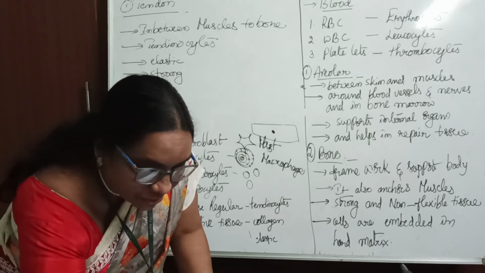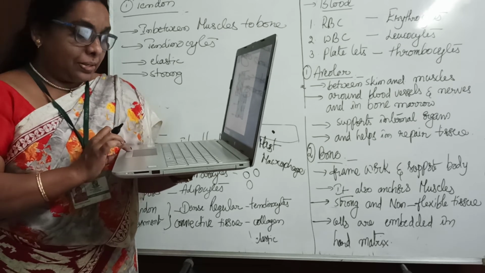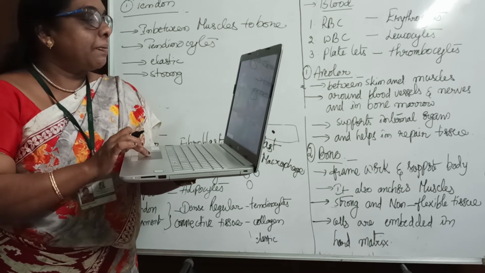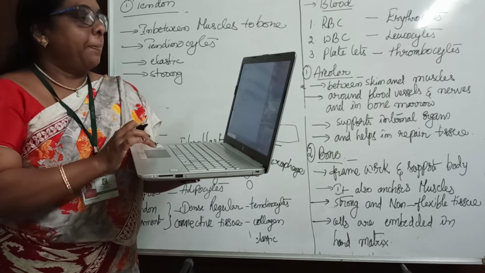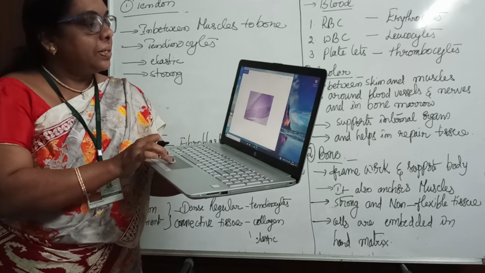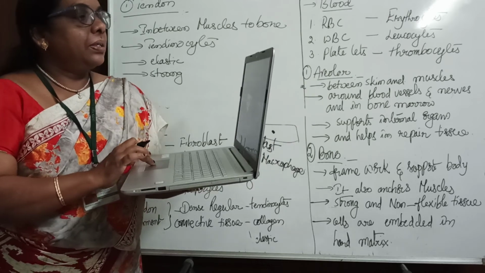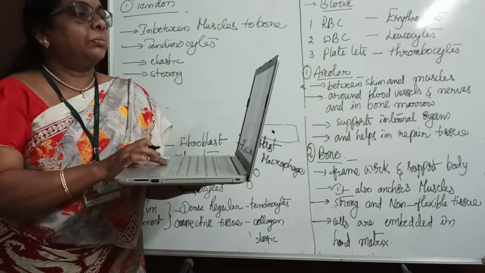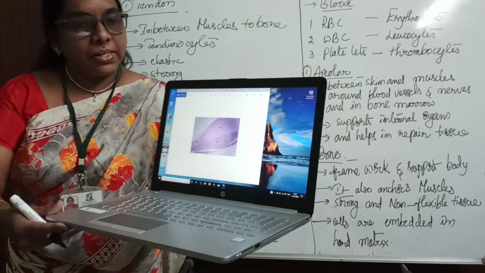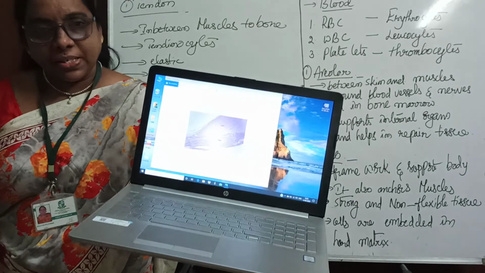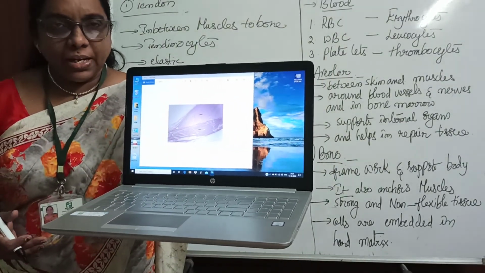Let's come to the picture of the tendons. See here, children. Yes, this is a tendon. How is this tendon present? It is present from muscle to bone.